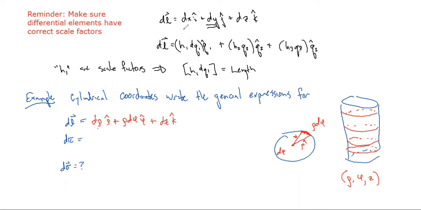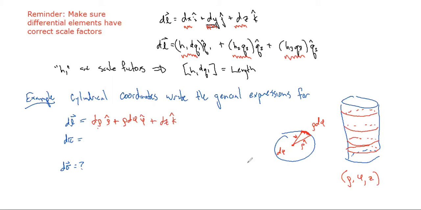So for Cartesian coordinates, what I would do is I would just take all of these and multiply them together, dx times dy times dz. What's the analog of that for some random other curvilinear coordinate system? So I just got to take the product of both the differential coordinates and the scale factors.